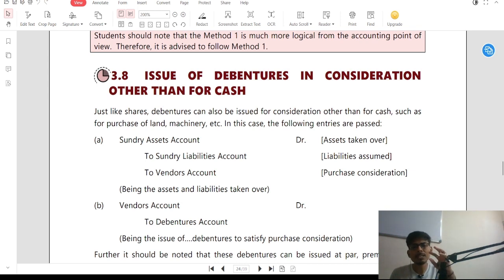Suppose we are purchasing a machinery and I don't have any cash, so I approach my vendor: can you give the machinery to me, and I am going to issue debenture. See, my company is a very good company.